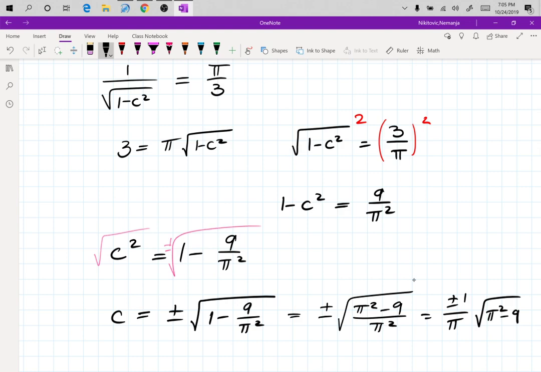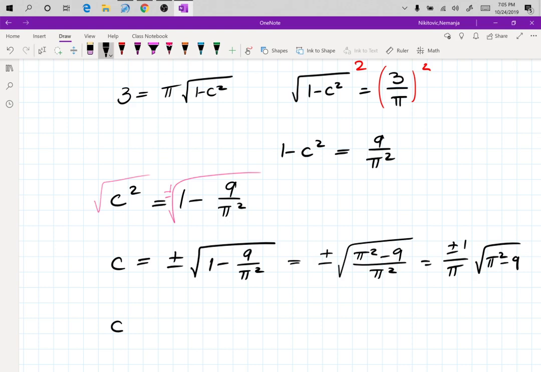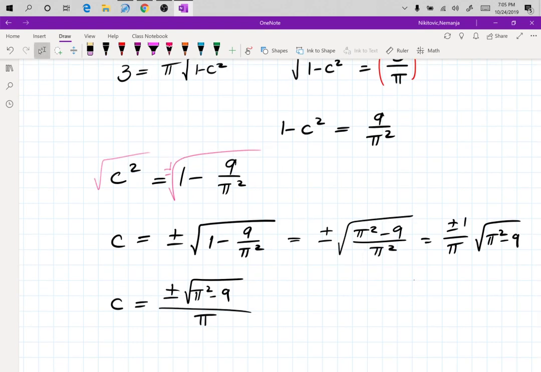So plus minus 1 over, actually what we can do is we can say plus minus square root of pi squared minus 9 divided by pi. That would be the value at which the instantaneous and the average values are the same.